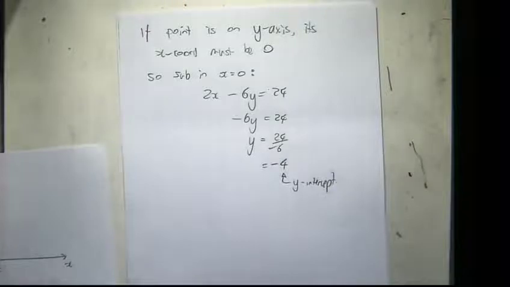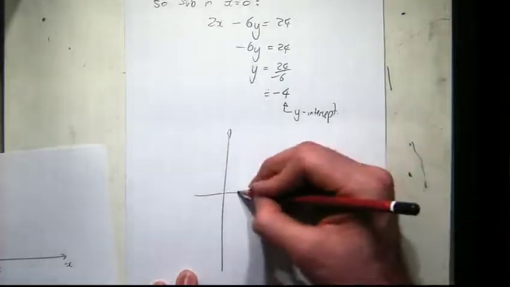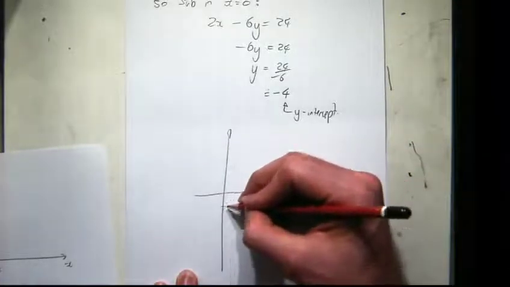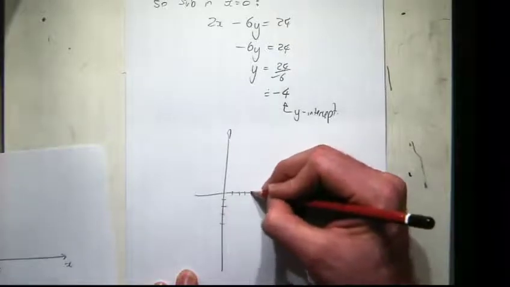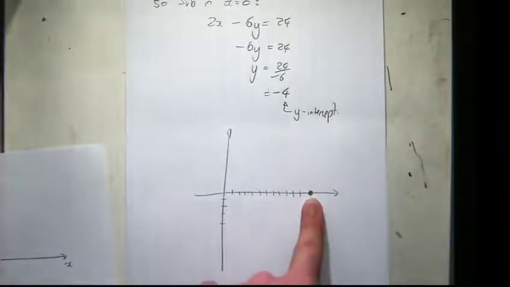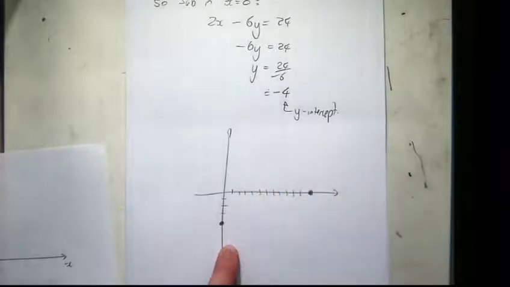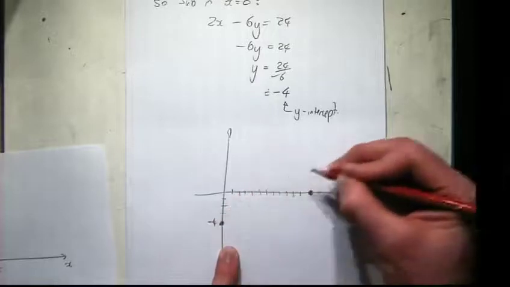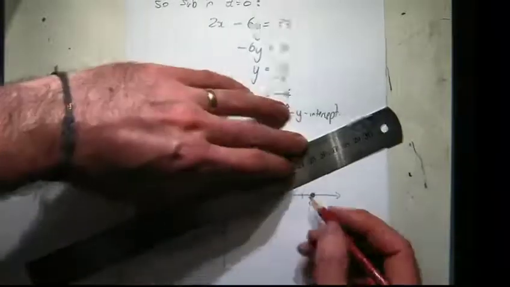So that means that my graph crosses here at 12 because it was a point on the x-axis with x-coordinate 12, and it crosses here at minus 4 because it was a point on the y-axis with y-coordinate minus 4, and all I need to do is connect them up, and that will tell me what the line is.